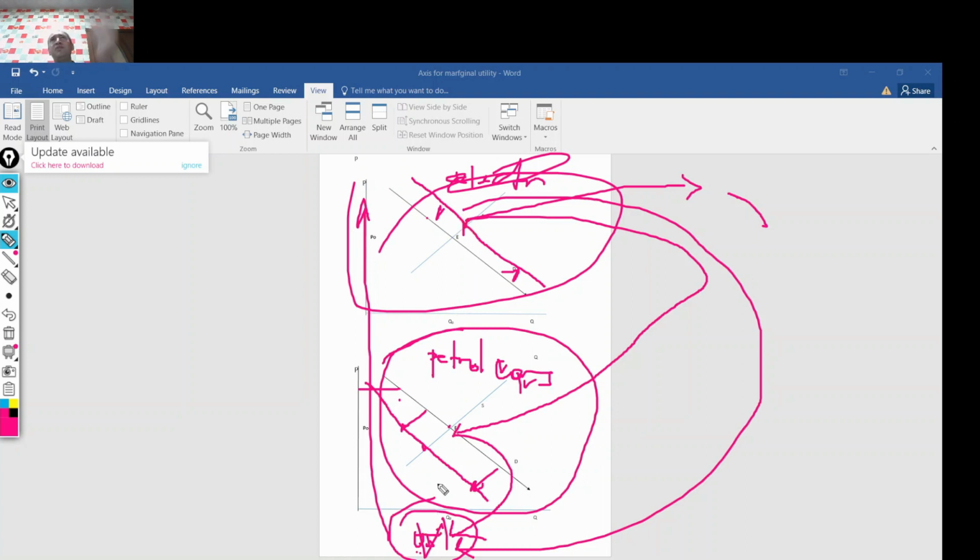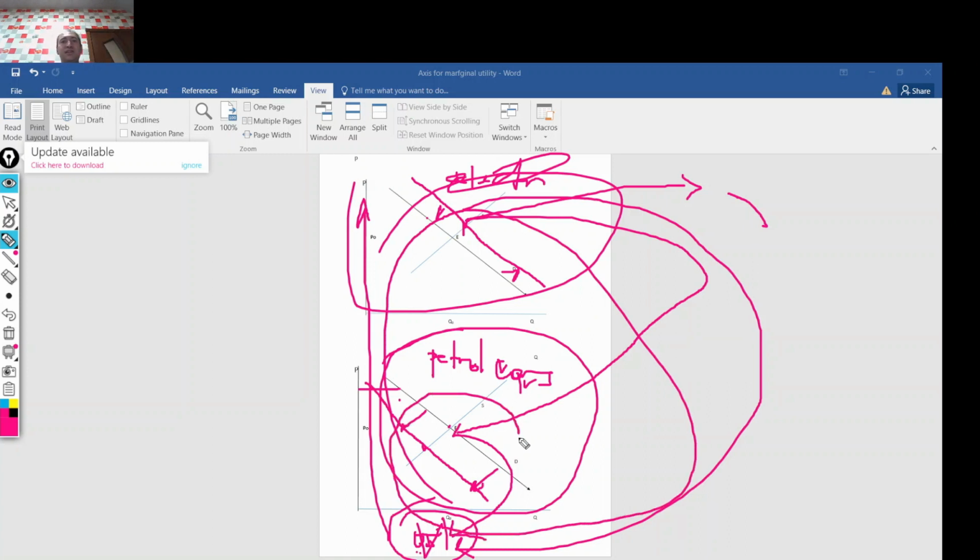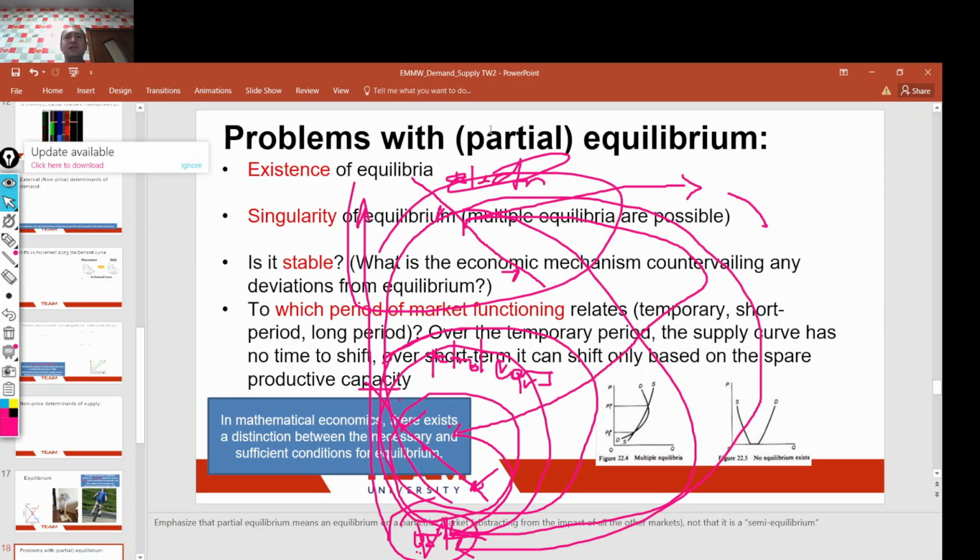The equilibria affect each other in a wild game of multiple shifts and repercussions, and that's a thing called general equilibrium analysis. You analyze the equilibrium points for all the markets out there in general. So that's why it's called general equilibrium analysis.